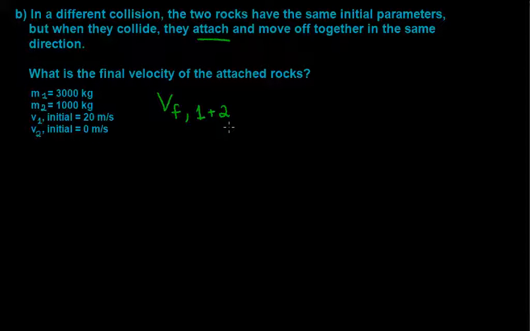And again, just like part A, we have these initial values that we were given, including the masses of the two rocks and both initial velocities. And we're no longer worrying about that final velocity of rock 1 that was given in part A, because again, we are looking for the combined final velocity of the two attached rocks.